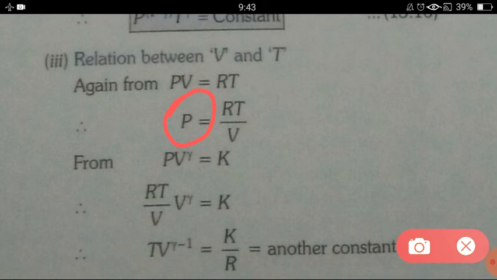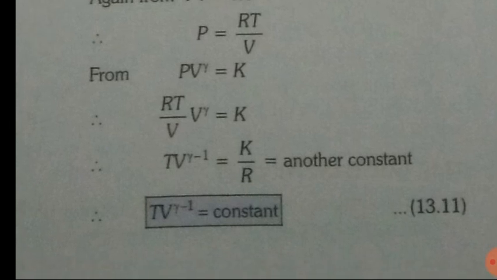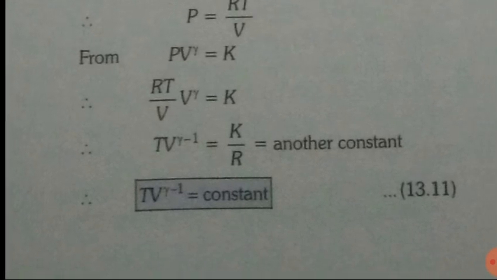When we are deriving the relation between temperature and volume, we have to put the value of pressure. So these were the relationships between different thermodynamic variables in an adiabatic process.